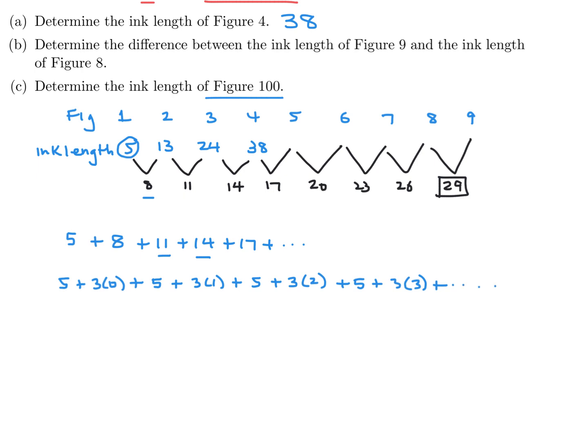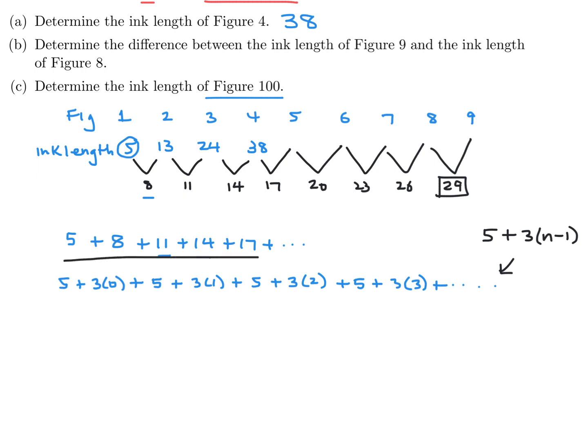So that tells me that this is of the form, I'll just write it over here, 5 plus 3 times something. Now that something is what? If this is n, it would be, I think, n minus 1. Like if the total number is n. So for example, for these 5, there's 5 terms.